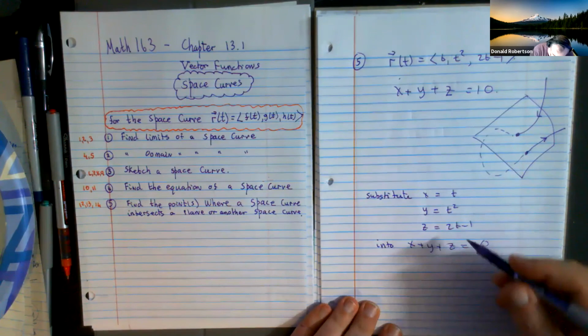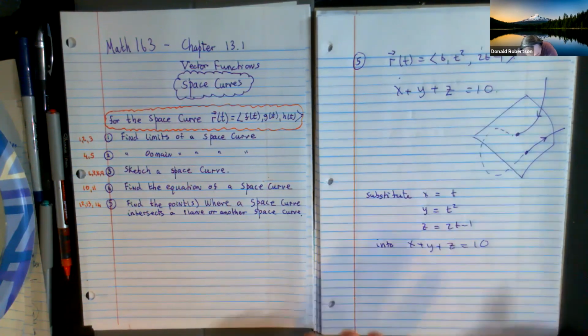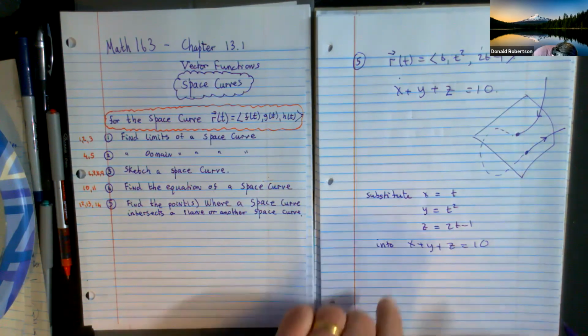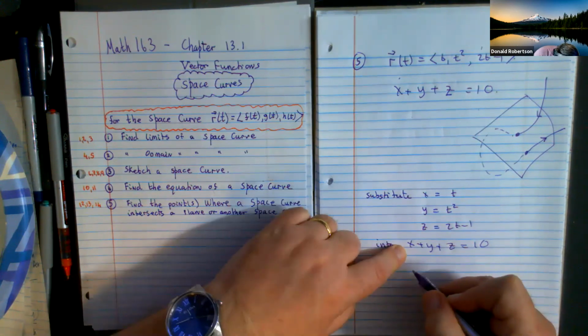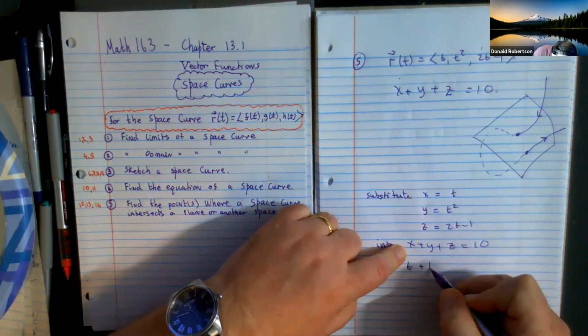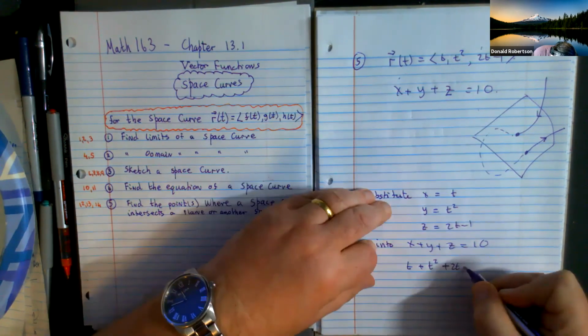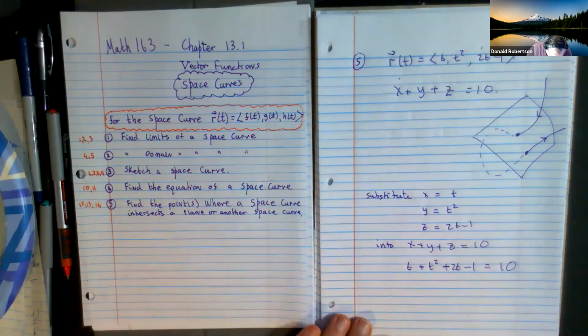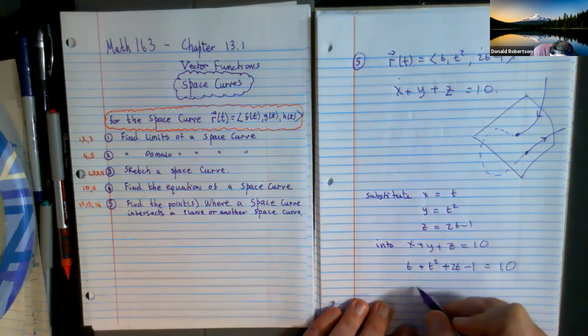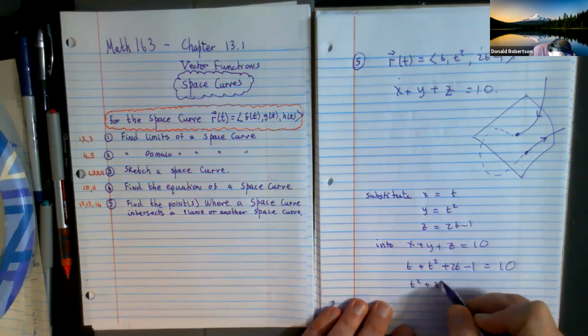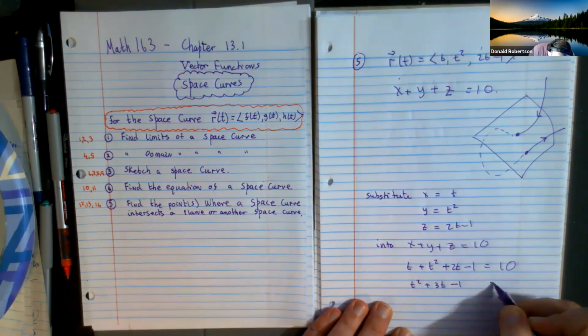Now, since this is random and I just did it, let me put a little proviso here. It might not work quite perfectly, so I have the right to change the question to make nice answers happen, right? So if we take x, which is t, and we add y, which is t squared, and we have 2t minus 1 equals 10, and I may change that 10 in a minute, I've got t squared plus 3t take away 1 equals 10.